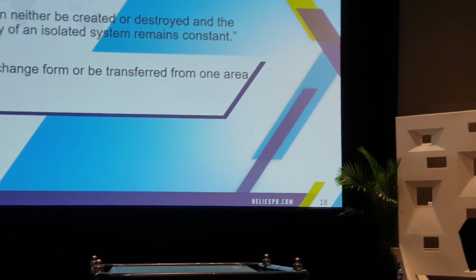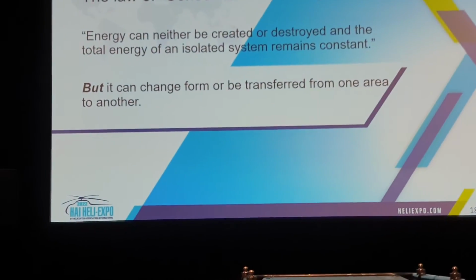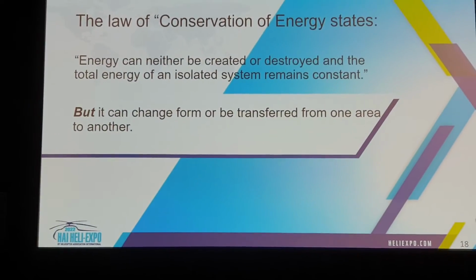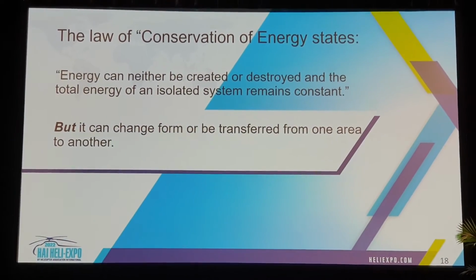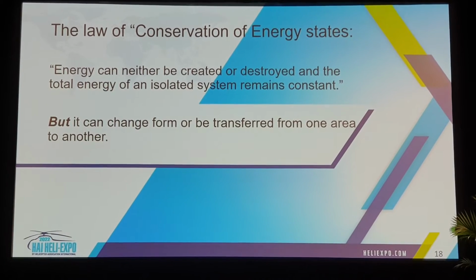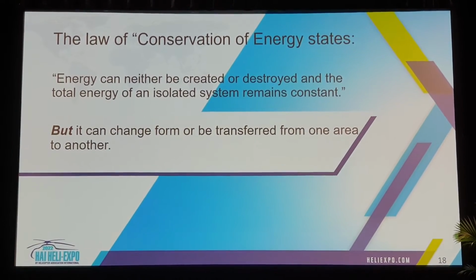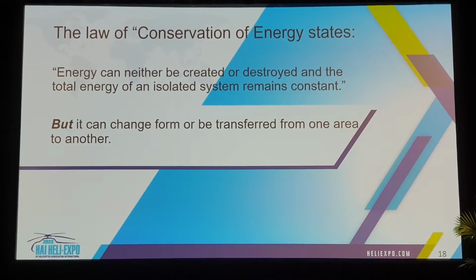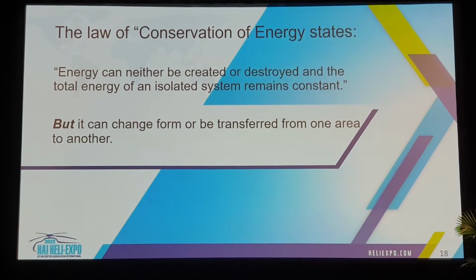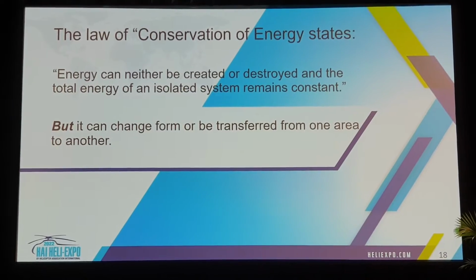Now, before we talk about energy and where it is and how we manage it, we have to know about the law of conservation of energy. It states that energy can neither be created or destroyed, and the total energy of an isolated system remains constant. So the moment your engine quits, you are now an isolated system.